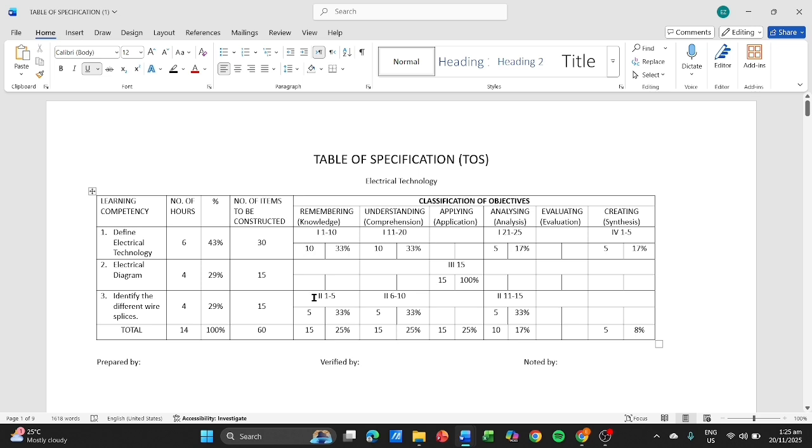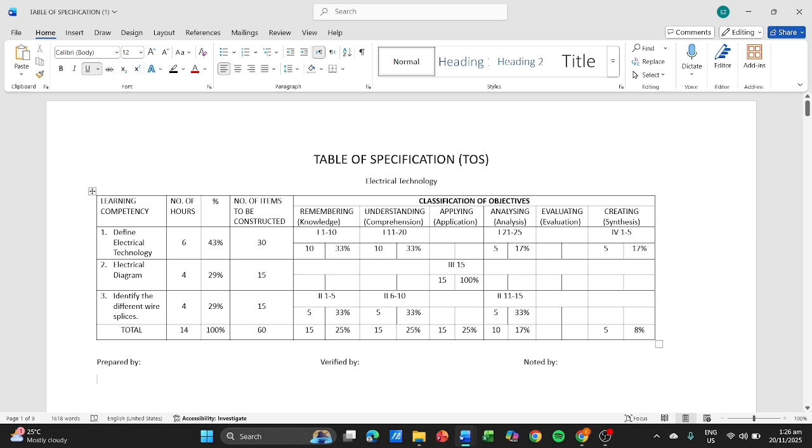After that, what you're going to do next is to get the percentage. So 15 divided by 60 is 0.25, and you have to multiply it by 100 and you will get 25 or 25%. And you're going to repeat the process for all the classifications of objectives that have a number of items.